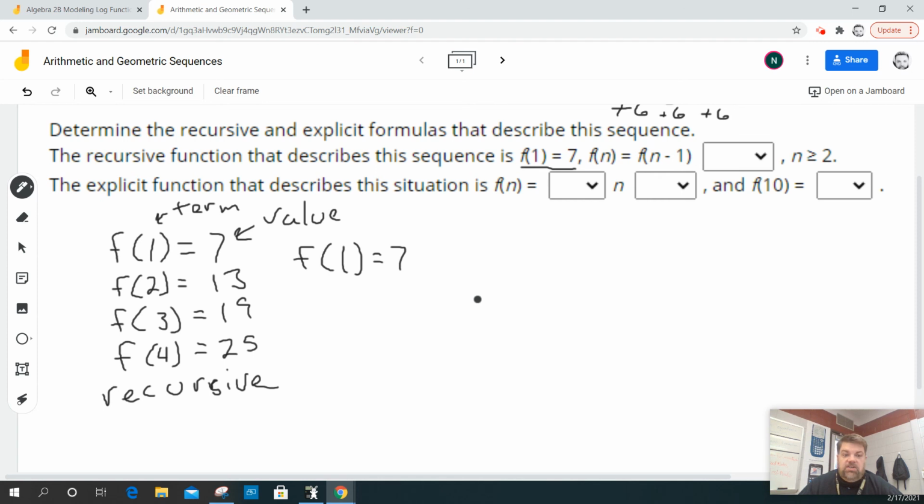How do I get the next term? Well, f of n minus 1, and this term is usually referred to as n. So it's like f of n is equal to f of n.